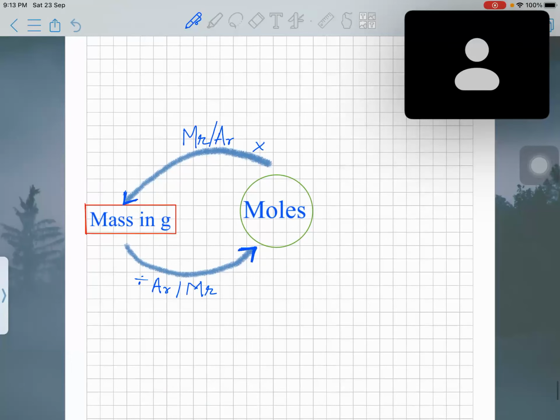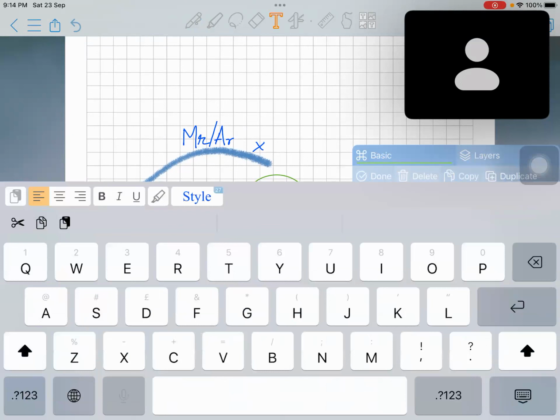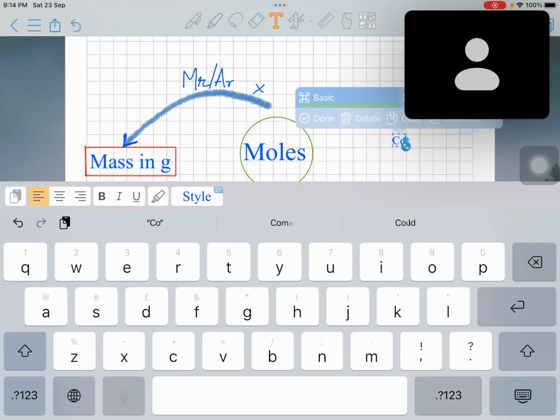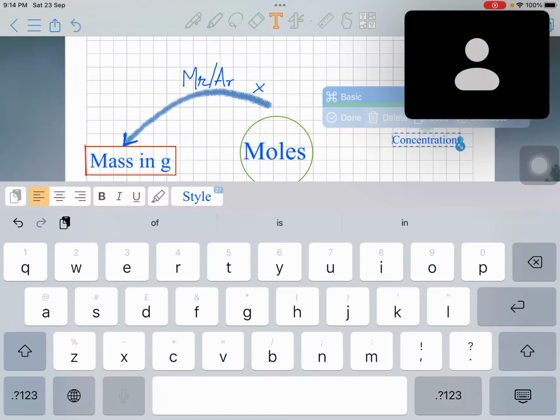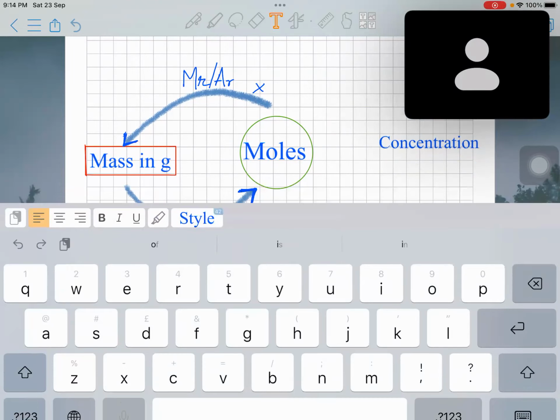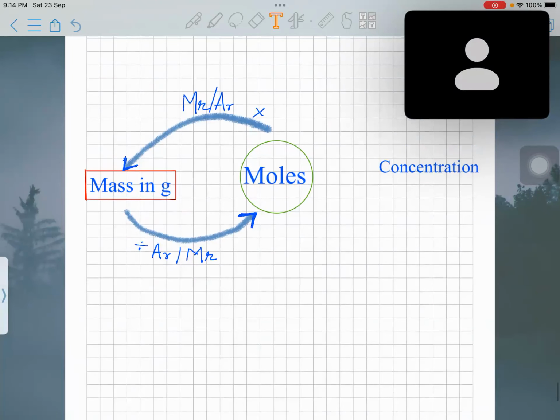Now, you can also convert moles into concentration.